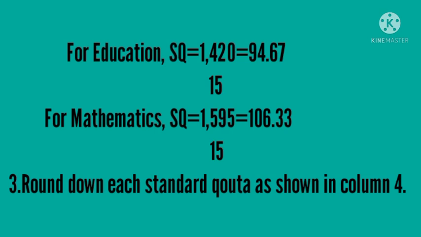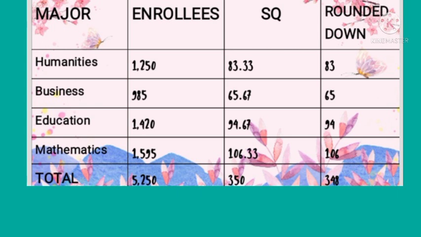Step number 3, round down each standard quota as shown in column 4. Magra-round down tayo sa bawat standard quota na makikita natin sa column 4. So, ito po yun. Number 1, major. Number 2, enrollees. Number 3, standard quota.